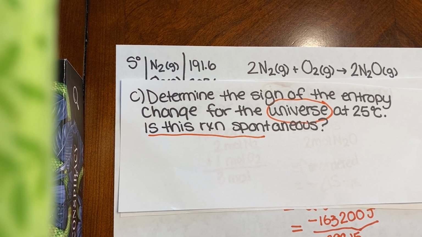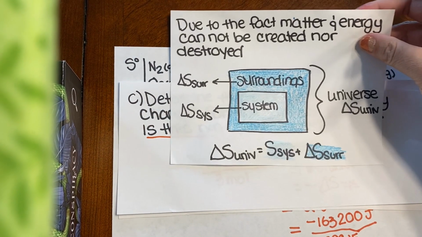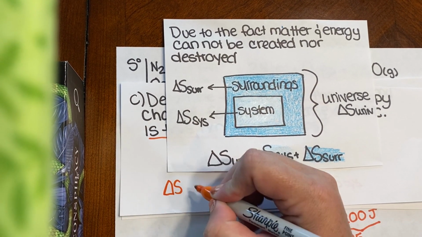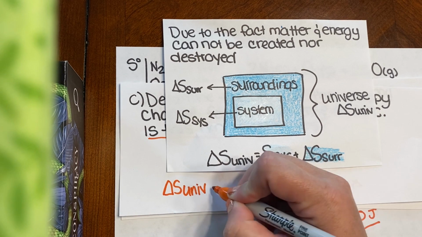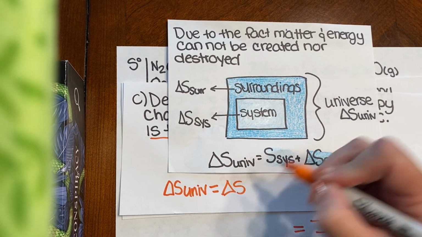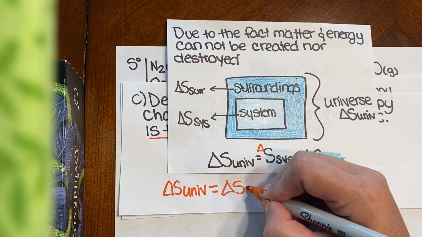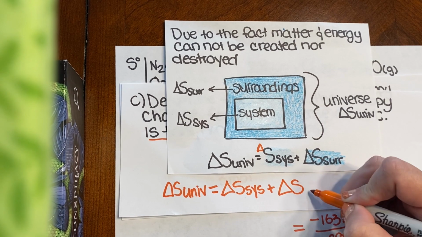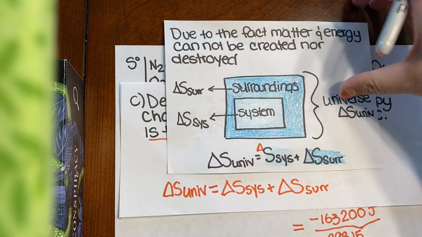Where is it? Oh, here it is. Okay. So delta S of the universe is equal to delta S of our system plus delta S of our surroundings.